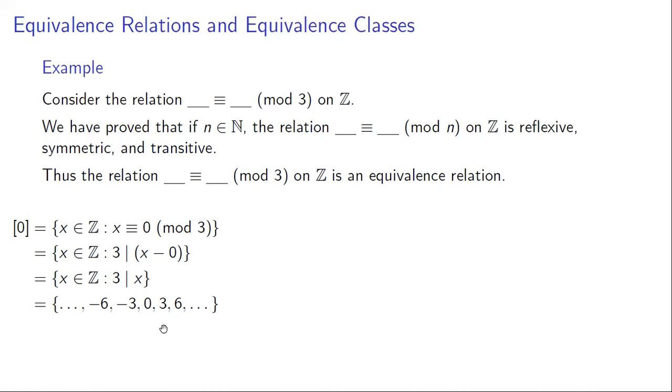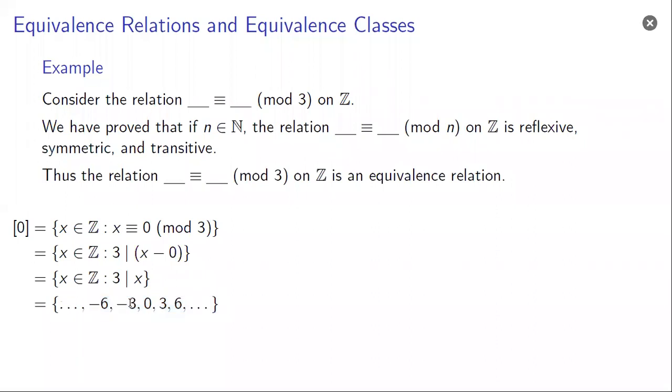Now here's something to notice. So this was the equivalence class of 0. What if I ask, what is the equivalence class of 3? Well, based on what we have so far, we could already answer that, because within this category, everything has to be related to everything else. Within this equivalence class, every element is related to every other element.